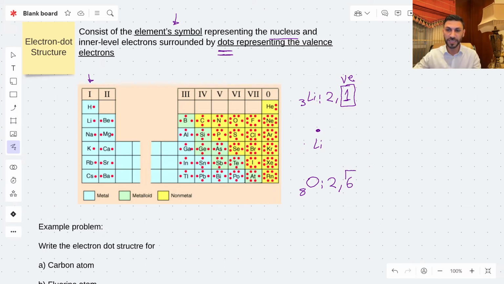Now we have 6 electrons in the outermost shell. That means 6 valence electrons, and we write the electron dot structure for oxygen, which is O and 6 dots, as you can see for the oxygen.